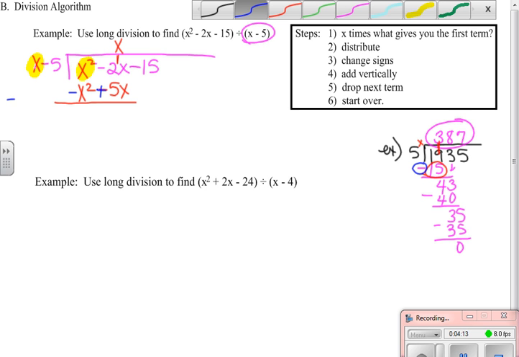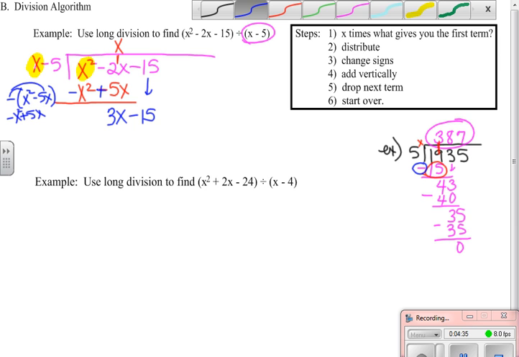Because if you think about subtracting that quantity, when that gets distributed, I have negative x squared, plus 5x. You want to switch the signs. So now when I add, I get x squared minus x squared is 0. Negative 2x plus 5x is 3x. Bring down my next term, minus 15.